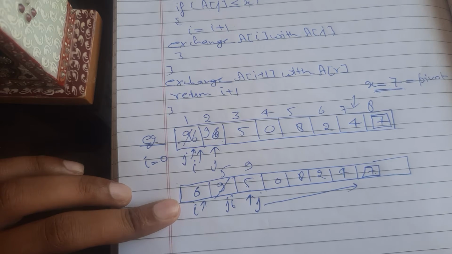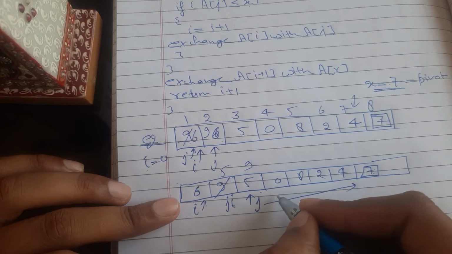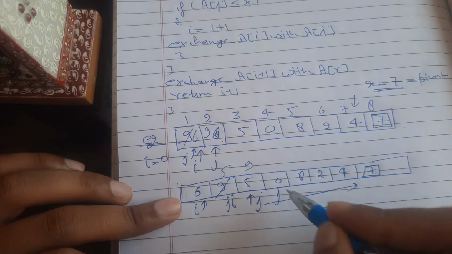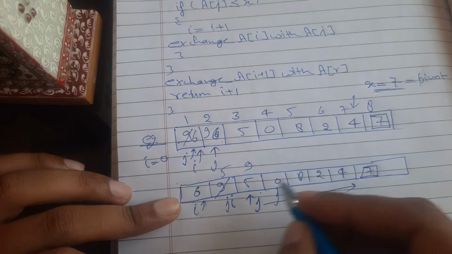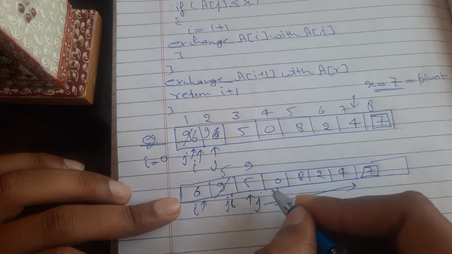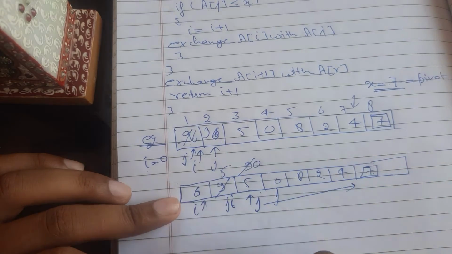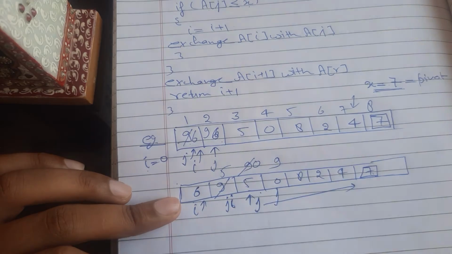Then j is incremented. Element of j is less than the pivot, yes, then we increment i and swap i and j, then it will be 0 and 9.